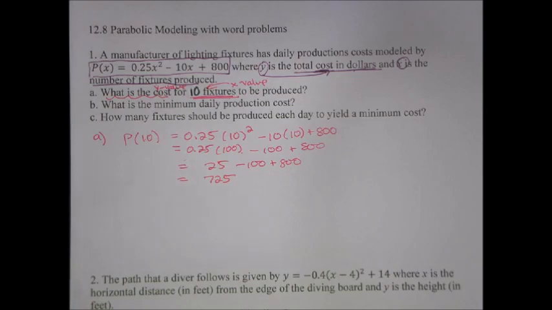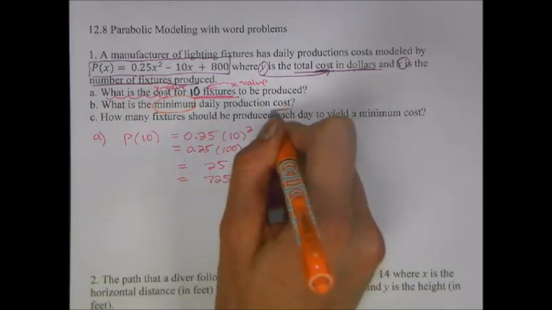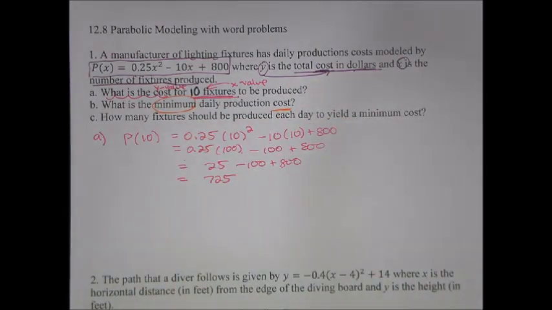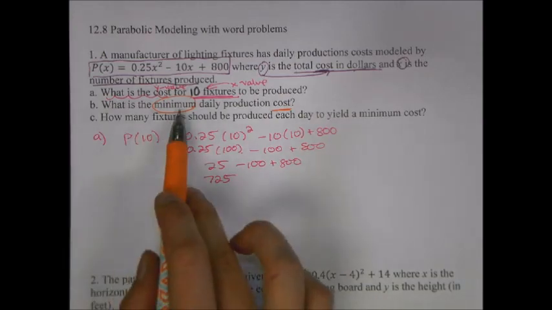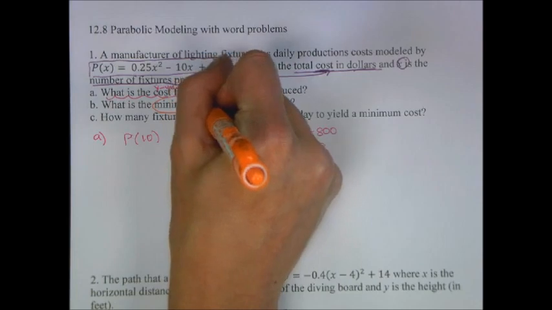For part B, it's asking what is the minimum daily production cost. So minimum and cost are two keywords there. The word minimum implies that we're going to find the vertex.